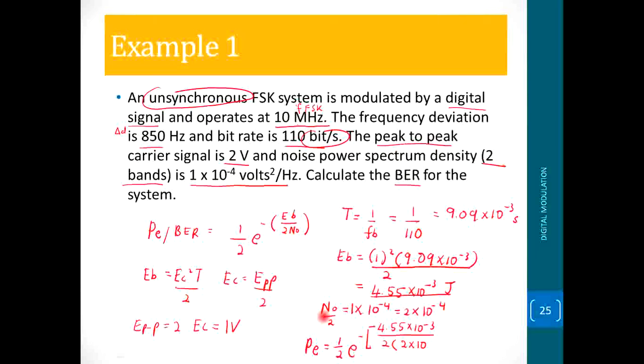This is the exponential of negative. So you will get the answer 5.7 times 10 to the power of negative 4. This is the BER of the system.